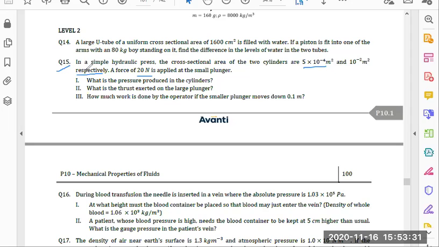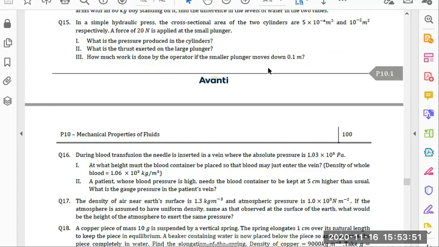Yes or no? Tell me. This is the same as some problems that we have done in level 1. Yes, very good, right? Okay. Now, 16th.